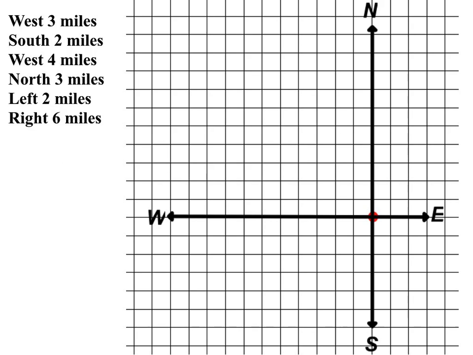Well, if I map it all out, and you do have this grid, this coordinate plane in your notes, it would go something like this. He went west 3 miles, then he went south 2 miles, and I know that first blue line is kind of hard to see. Then he went west 4 miles. Then he went north 3 miles. Then he went left 2 miles.